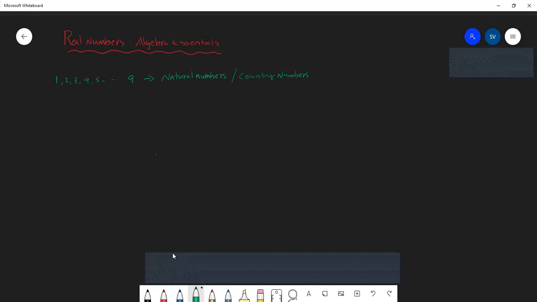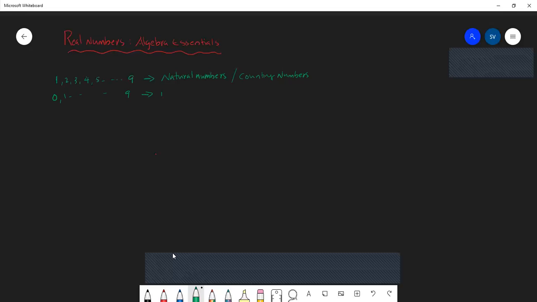A little time after, an Indian mathematician added zero to this natural number system. So the number system got bigger, starting from zero and the rest of the natural numbers, and they changed its name to the whole number system.